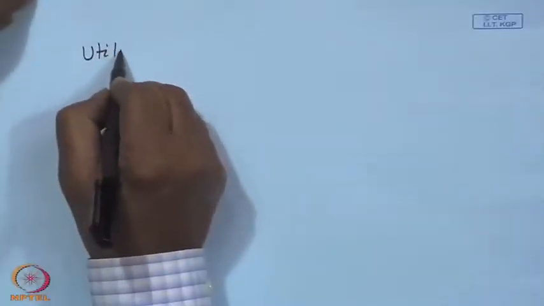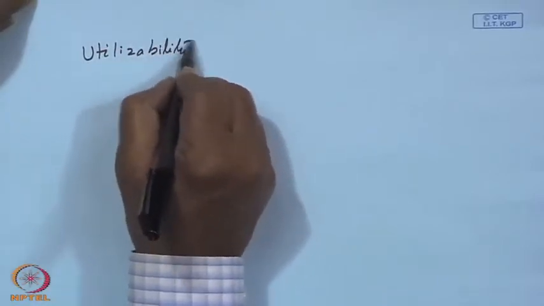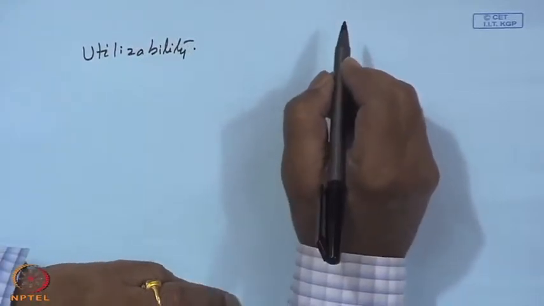Now, in the context of so called utilizability, which we said that the solar radiation intensity above a certain critical level shall be useful for meeting the energy demand above a particular specified minimum temperature.